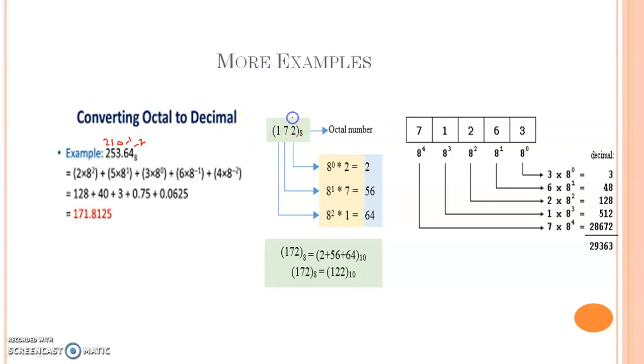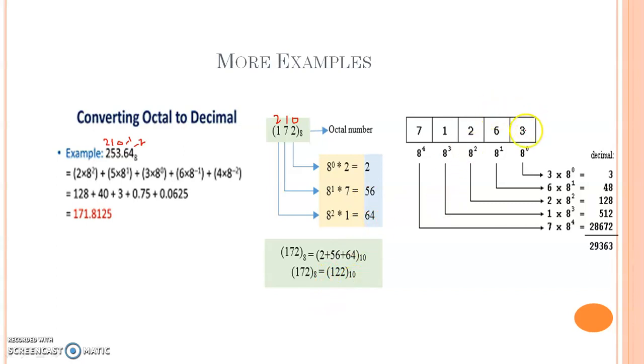Let's say the powers are 0, 1 and 2. So 1 into 8 raised to 2 plus 7 into 8 raised to 1 plus 2 into 8 raised to 0, which is equal to 2 plus 56 plus 64, that is 122 to the base 10.